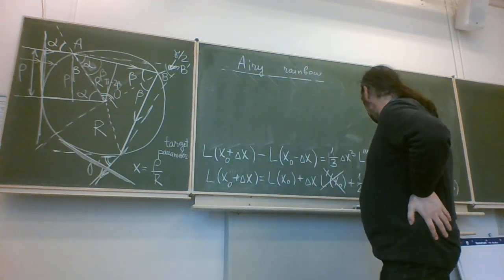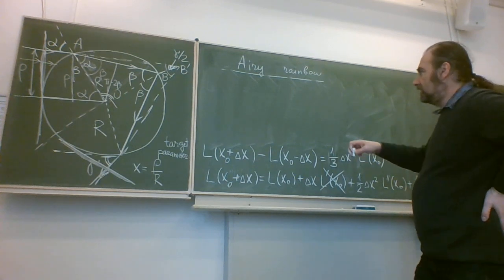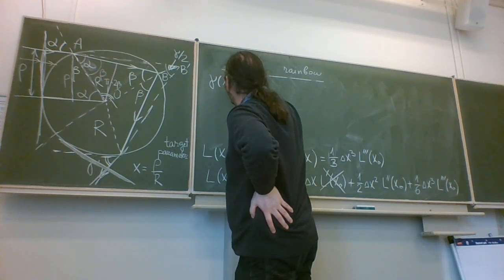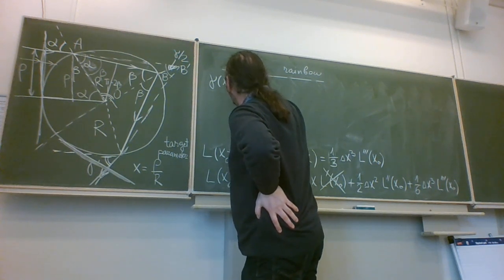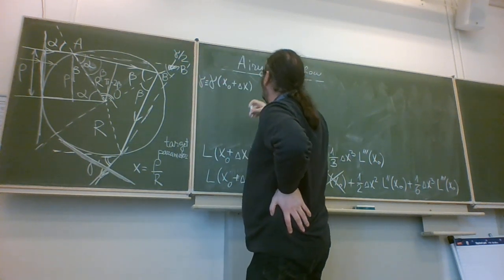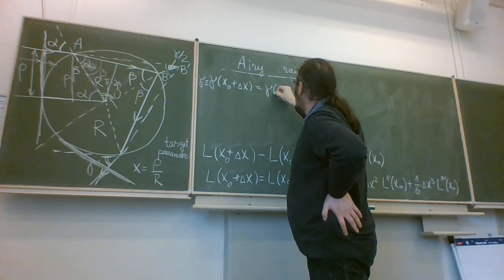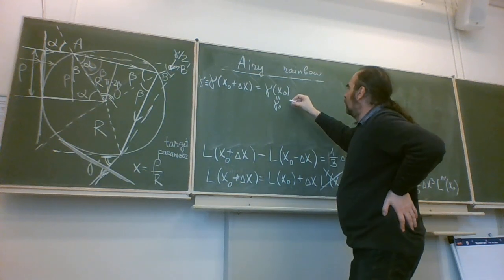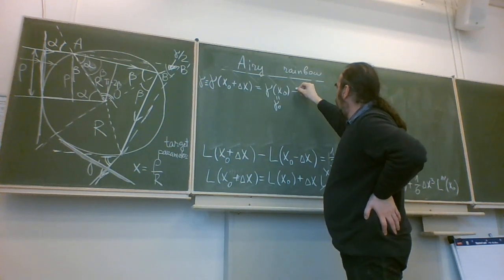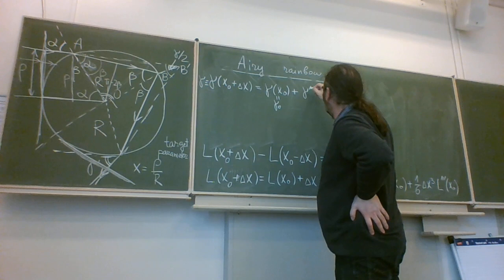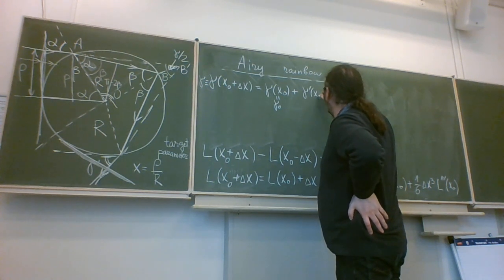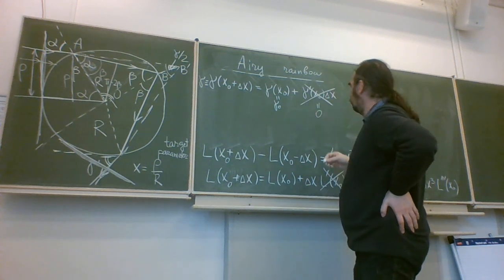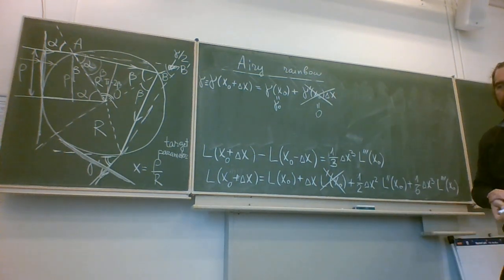And we know that gamma itself has a maximum at x equals 0, so I can also expand gamma of x naught plus delta x, which I will just call gamma. That would be gamma of x naught, which I will call gamma naught. And I have the first derivative, so gamma prime of x naught delta x, and we know that this is 0, because gamma has a maximum.